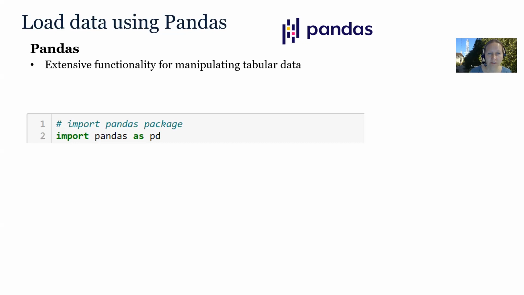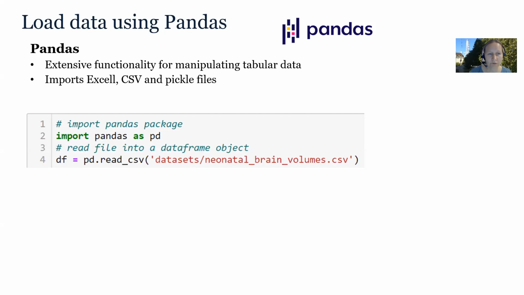Before we can start training machine learning algorithms, we have to get the data. And for that, the Python package pandas is really useful. It offers extensive functionality for manipulating tabular data. And it has functions to import data from Excel, comma-separated value files, and pickle files.